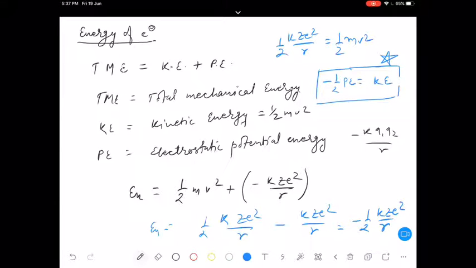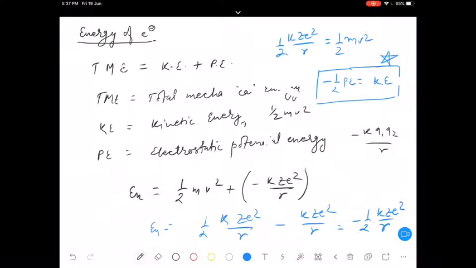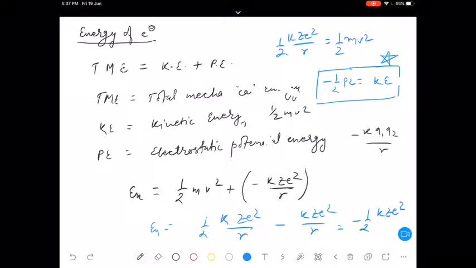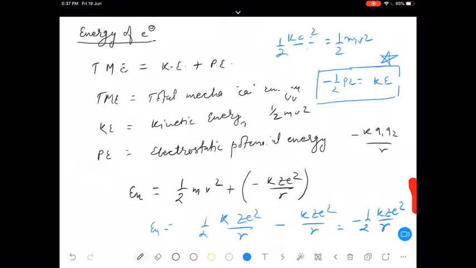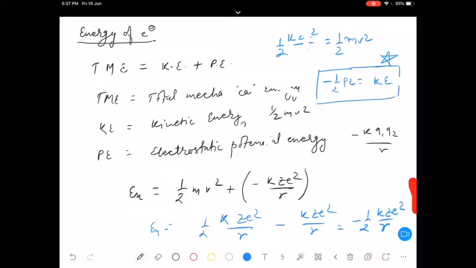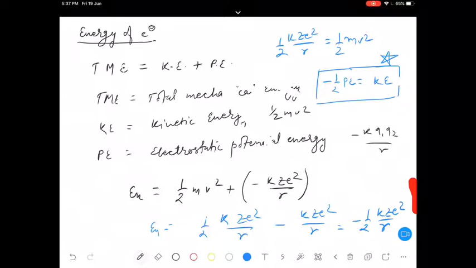Energy of electron in any shell will be coming out to be a negative value, which means we can say that electron will always be stable in comparison to that of infinity.